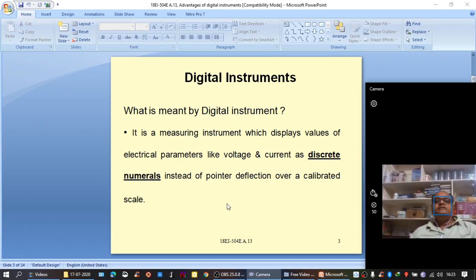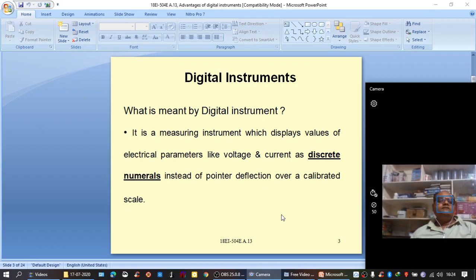Basically, what is a digital instrument? It is a measuring instrument which displays the values of electrical parameters like voltage and current as discrete numerals, that is, as discrete numbers, instead of pointer deflection over a calibrated scale, as in the case of analog meters.